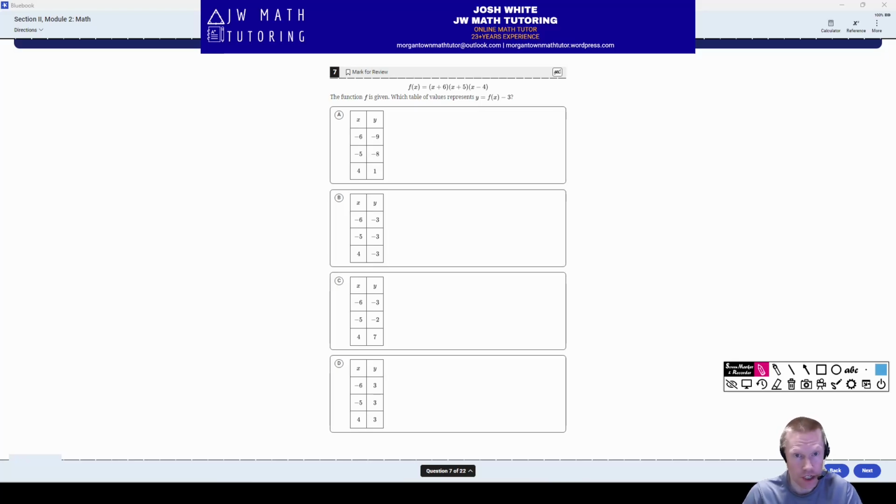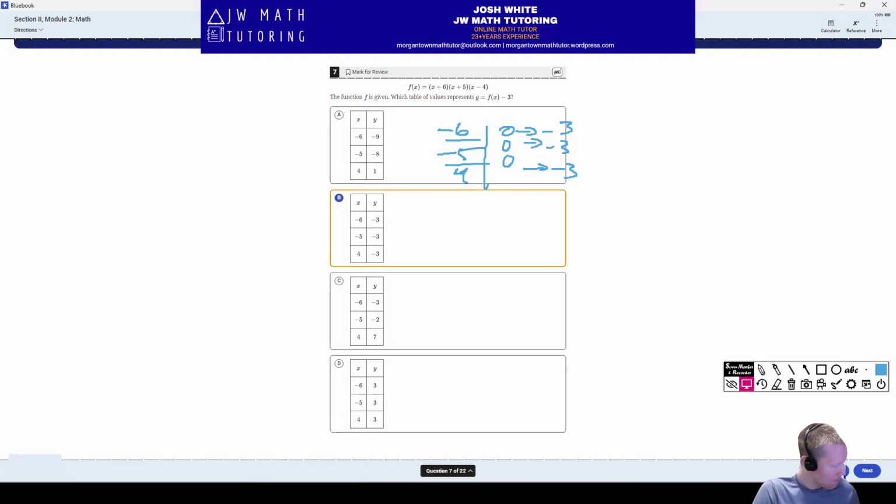So for the function, all of these are going to be (-6, 0), (-5, 0), and (4, 0), which means that when you shift the function down 3 units, these will all then go to -3. So all we're looking for is a table of values which has y's of -3 for all of these. The correct answer here is going to be letter B.